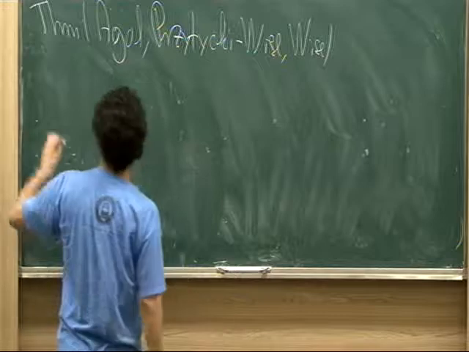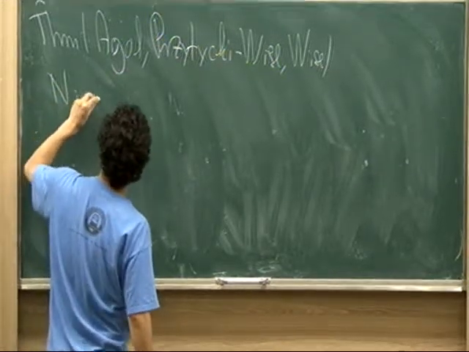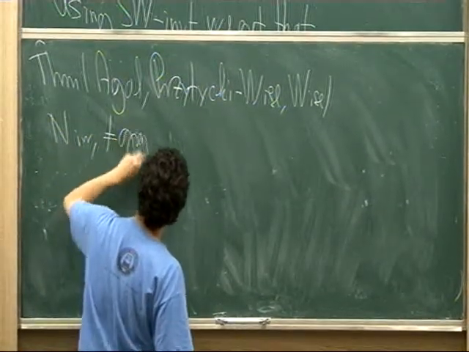Same assumptions: N irreducible and not a graph manifold.